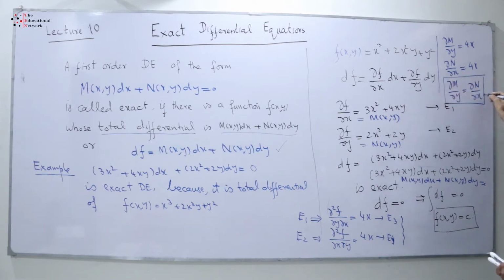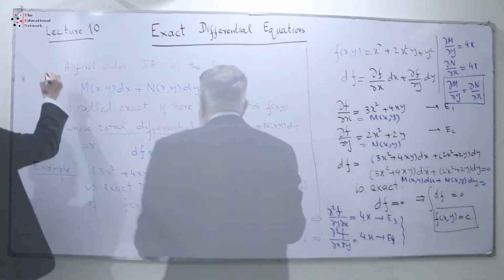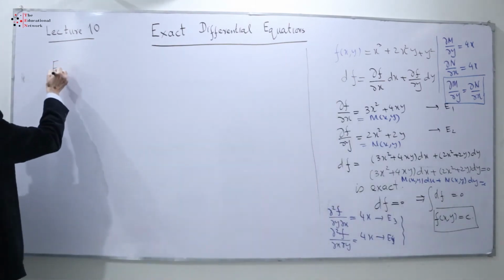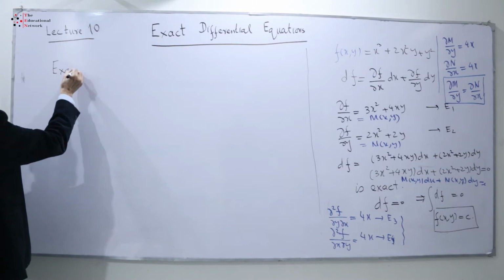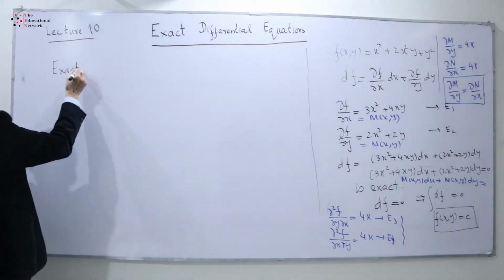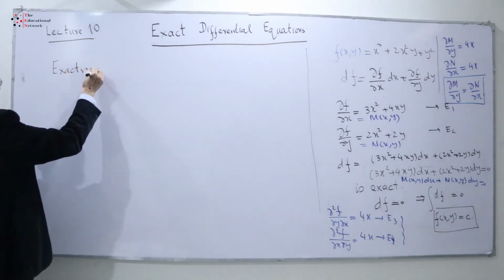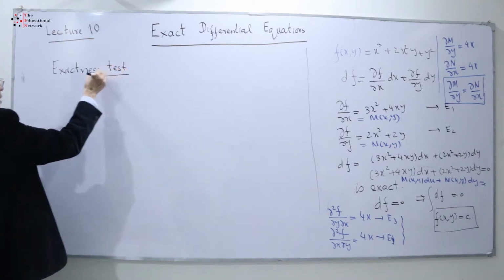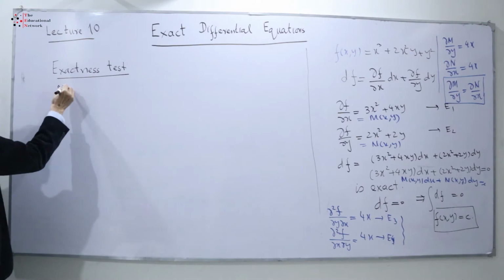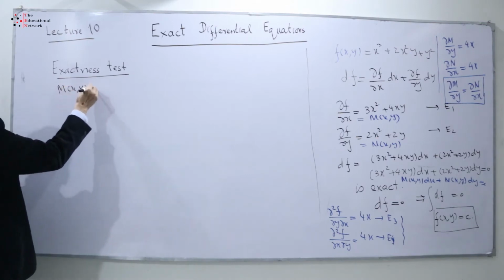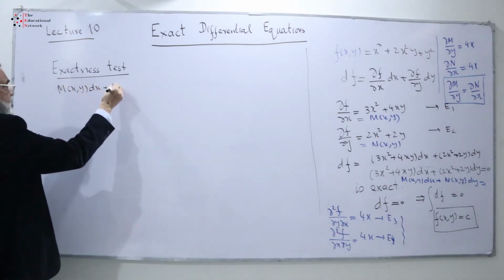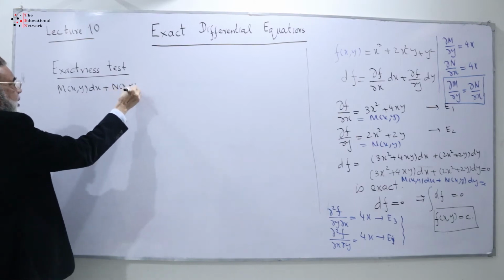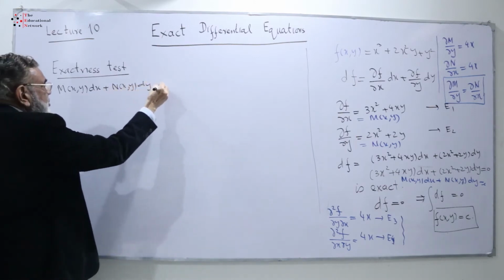Indirectly, we get the criterion that the equation will be exact when this is fulfilled. This is the exactness test. How can we take the equation as exact? As I explained, we are given the differential equation in differential form, M(x,y) dx plus N(x,y) dy is equal to 0.